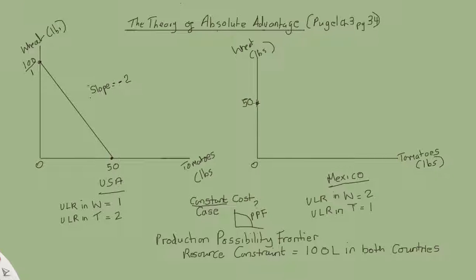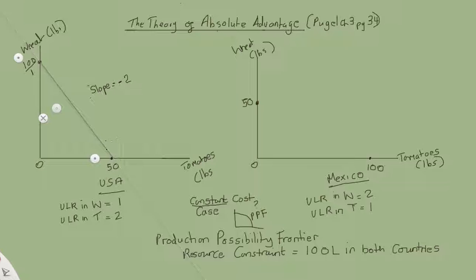Alternatively, they could put all their labor into the tomato industry and produce no wheat, in which case with a unit labor requirement of 1 in the tomato industry, the most tomatoes the Mexicans could produce, provided they had no wheat production, would be 100 pounds of tomatoes.